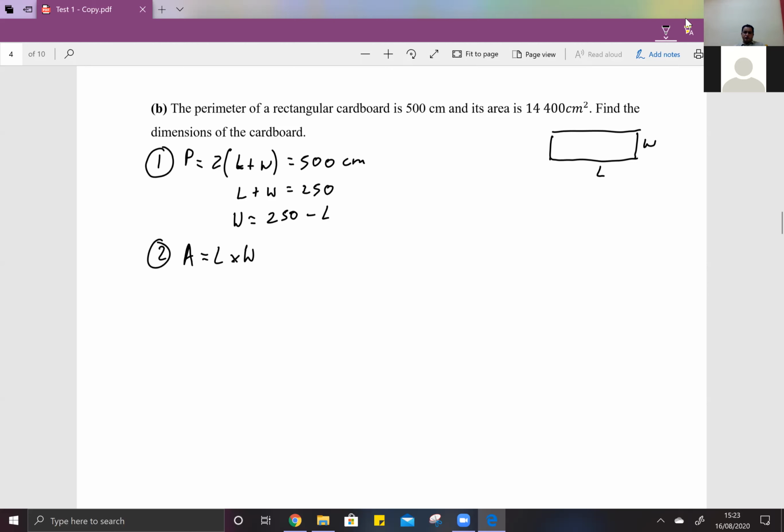So that's equal to 14,400. Okay, now we have two equations and two variables. We can solve this now. From the first one, we know how W and L are connected to each other. So let's substitute that 250 minus L for W and solve it.